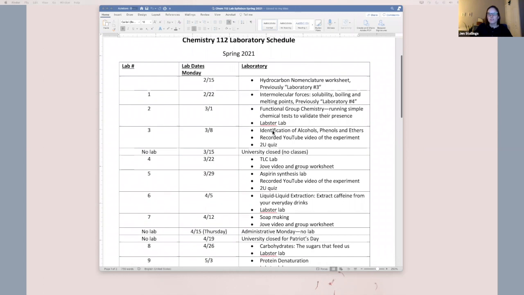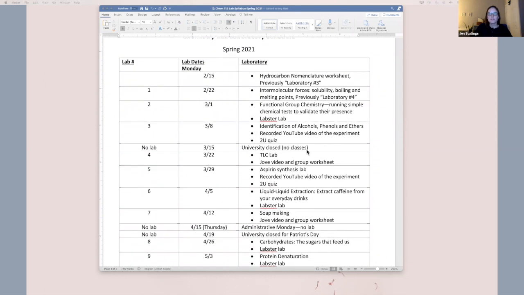So these are just the labs that I came up with. There's 3 types that we're going to be doing. The first one is Labster Lab, so simulations, and then Labster has quiz questions that they give you in the simulation. So there's no quiz or worksheet when we do a Labster Lab.